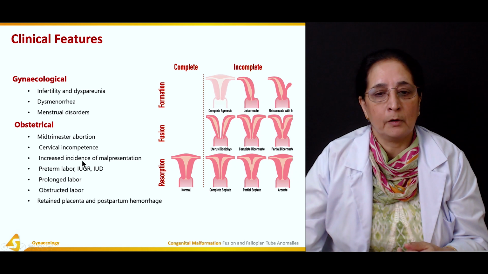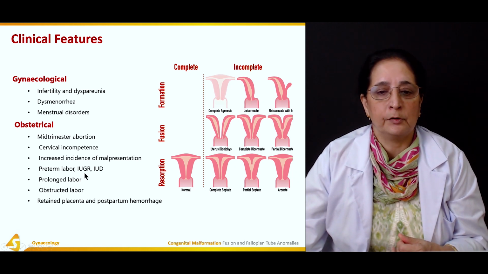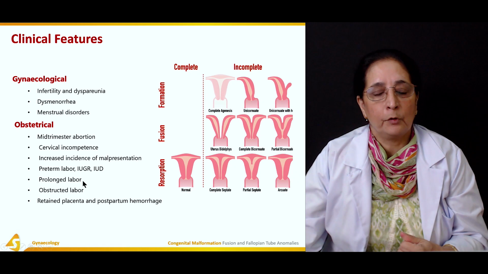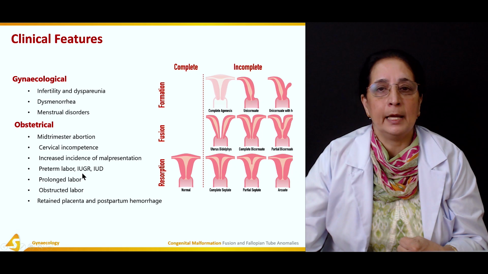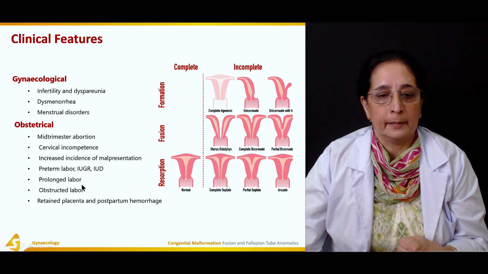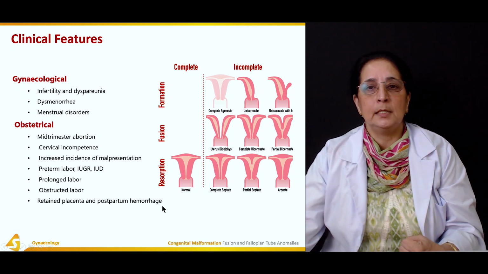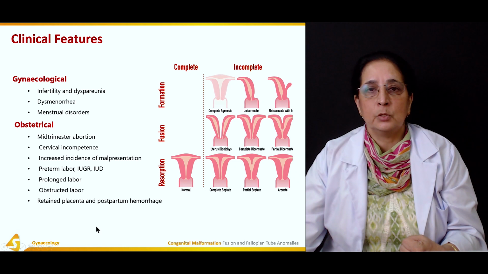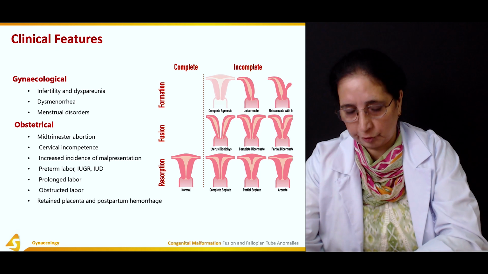Increased incidence of malpresentation, preterm labor, intrauterine growth retardation, intrauterine death or missed abortion. Prolonged labor, obstructed labor, retained placenta and postpartum hemorrhage. So all these are the complications associated with developmental anomalies of the uterus.